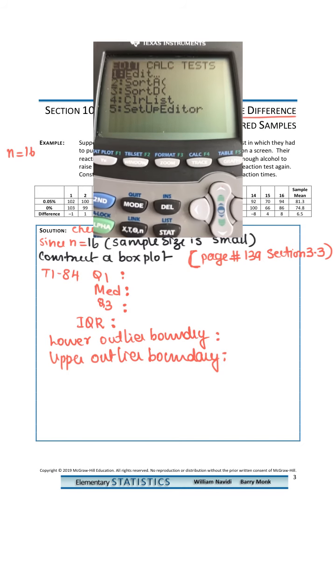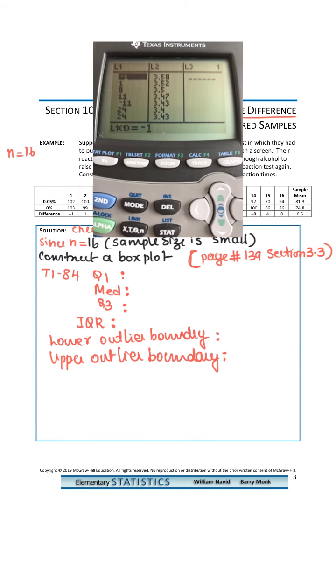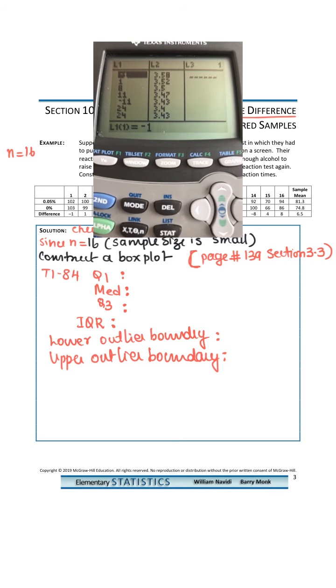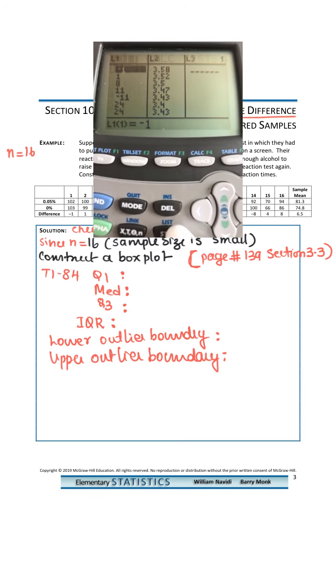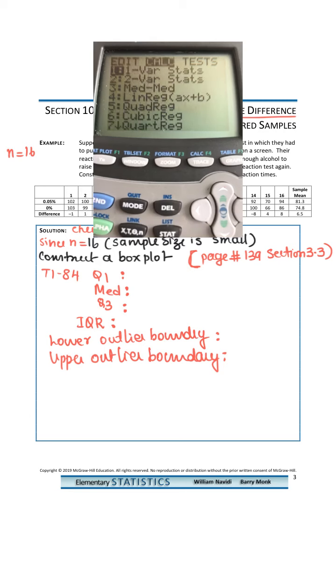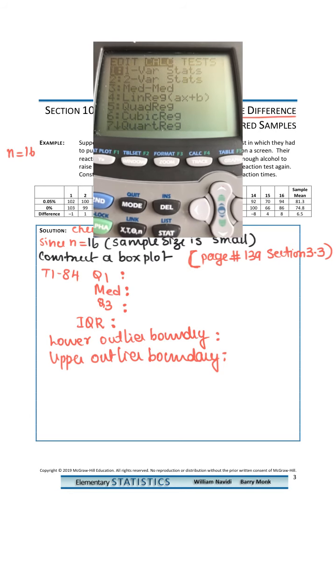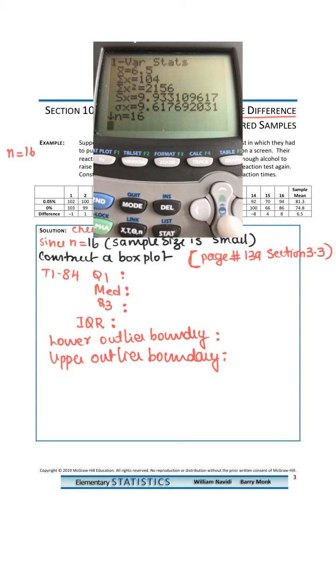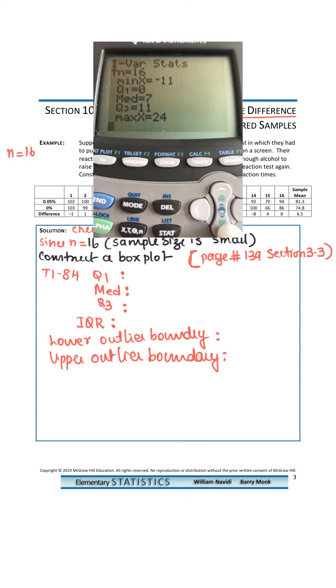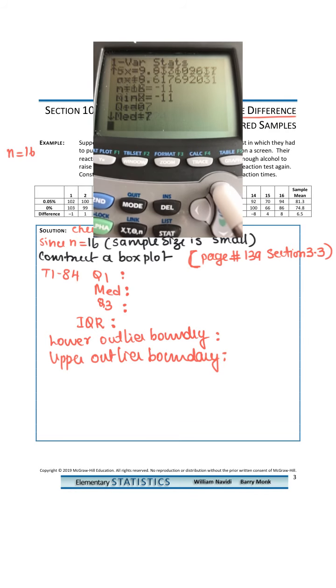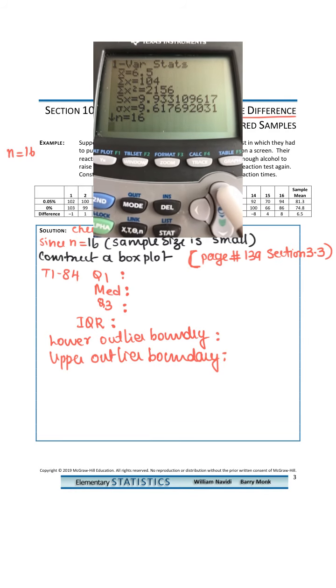Press Stat, Edit, enter all the data from differences into this list L1, and then press Stat, Calc, option 1, and enter. Scroll down, you can see Q1, median, Q3, note that down. Also you can note down the mean and median from here.